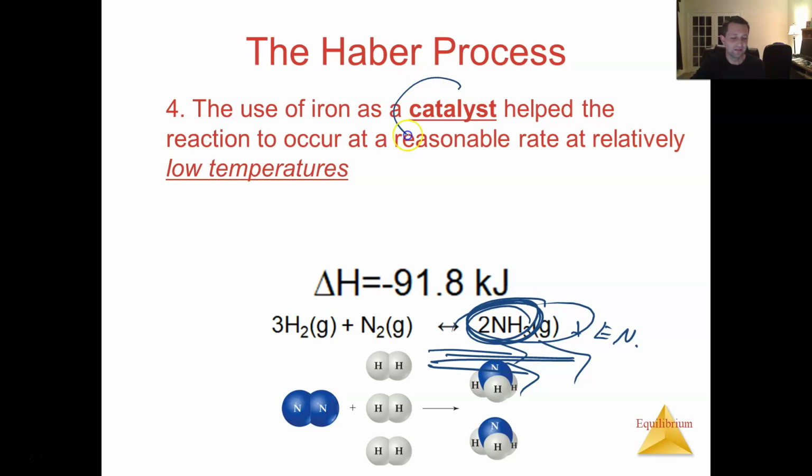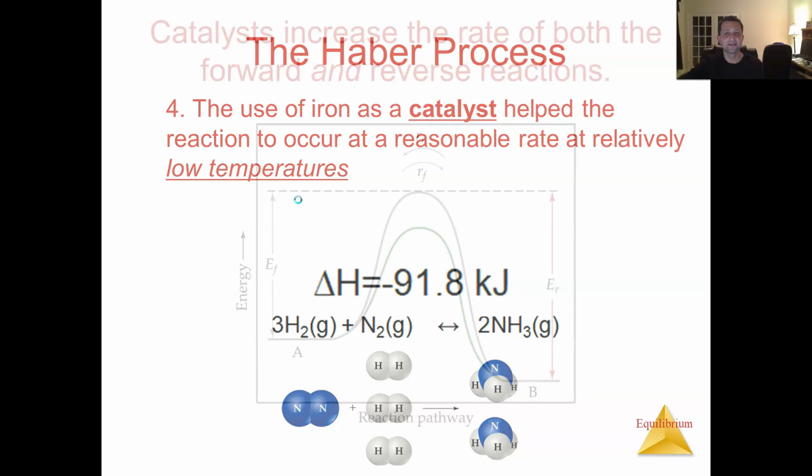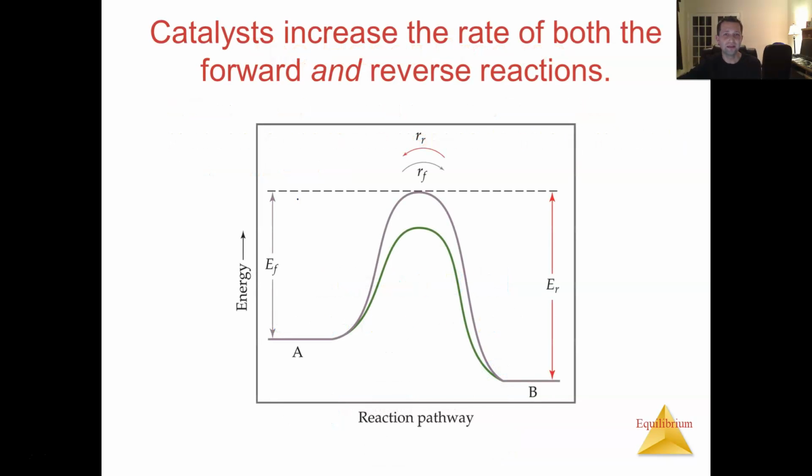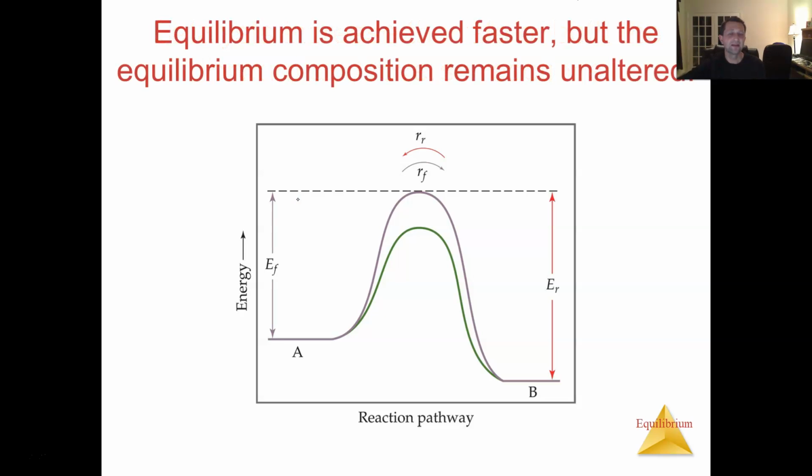So what they figured out was they can add a catalyst. You know from Chem 1 that a catalyst increases the rate of your chemical reaction. So for equilibrium systems, it increases the rate of both the forward and reverse reaction. So if we can add a catalyst with a low temperature, we could push that reaction to the right, okay?